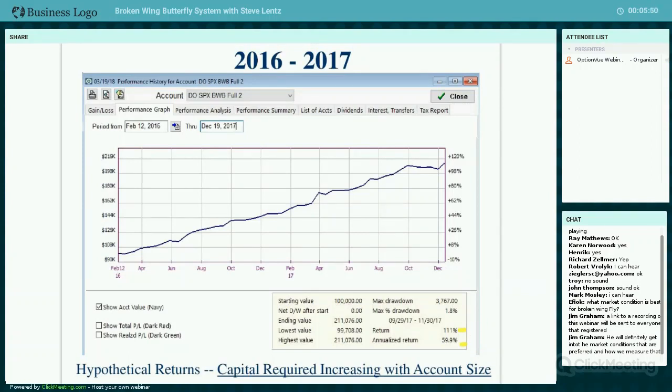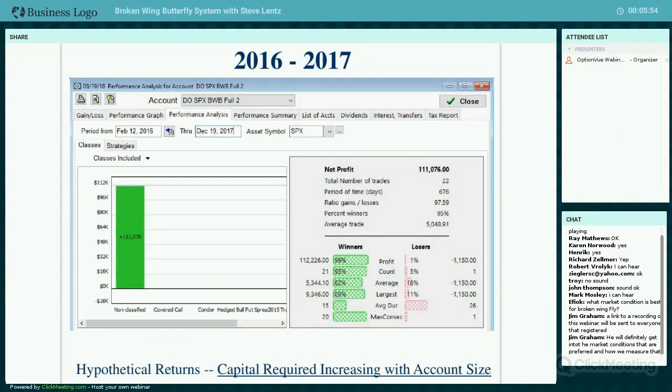Now, these were 2 extremely good years. Obviously, 2 very, very good years. You had 22 total campaigns with only 1 loser, and that's just outstanding.